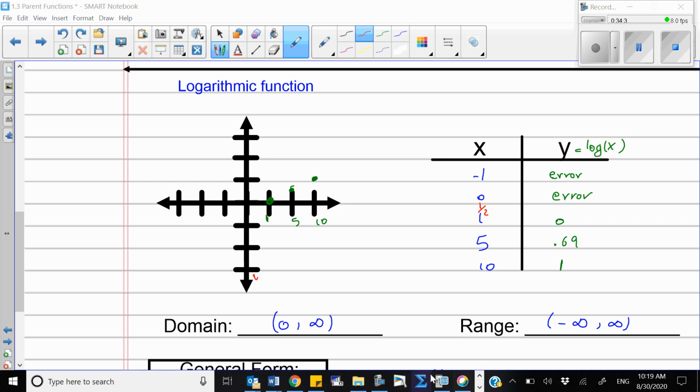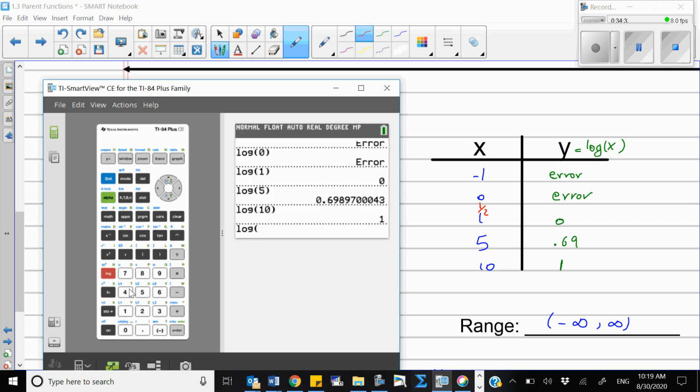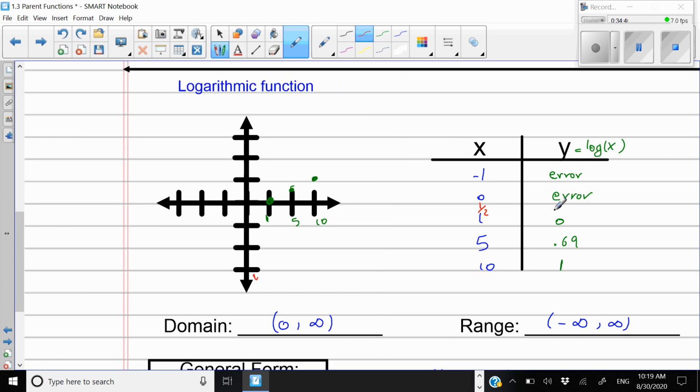So I'm going to go to my calculator: log of 1 divided by 2, close parenthesis. It's -0.3. That means if x is something less than 1, between 0 and 1, like 1/2, the y value is a negative number. It's going to go here. So I can continue my graph this way, like this.